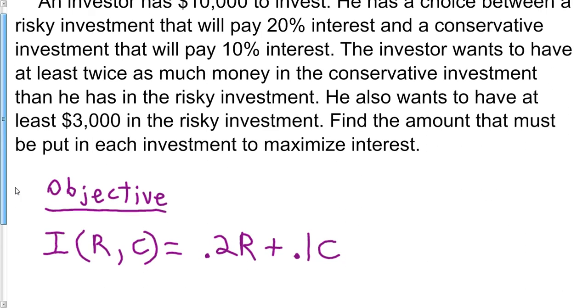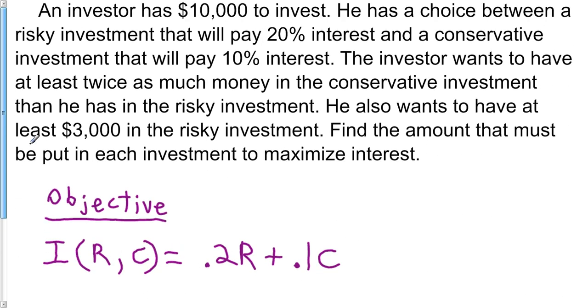The next thing I want to look at is I want to find the constraints, all right? Well, the constraints are going to place restrictions on my independent variables. The two independent variables here are R, the amount of money in the risky account, and C, the amount of money in the conservative account. So I'm going to look in the reading here to try to figure out what those constraints are.